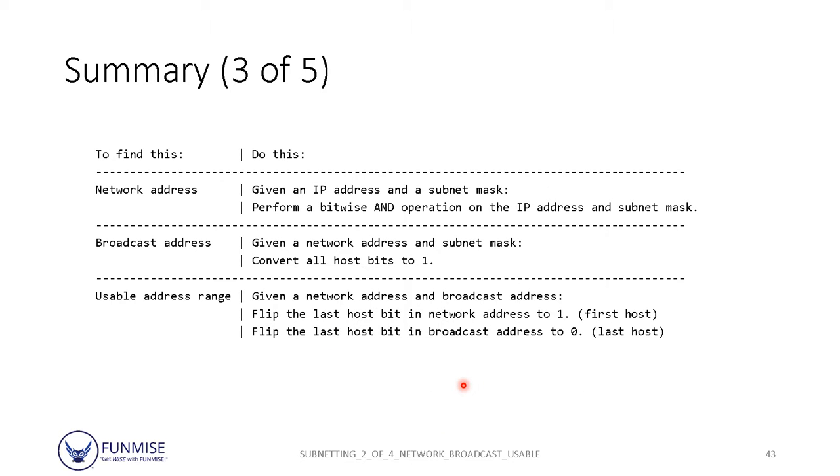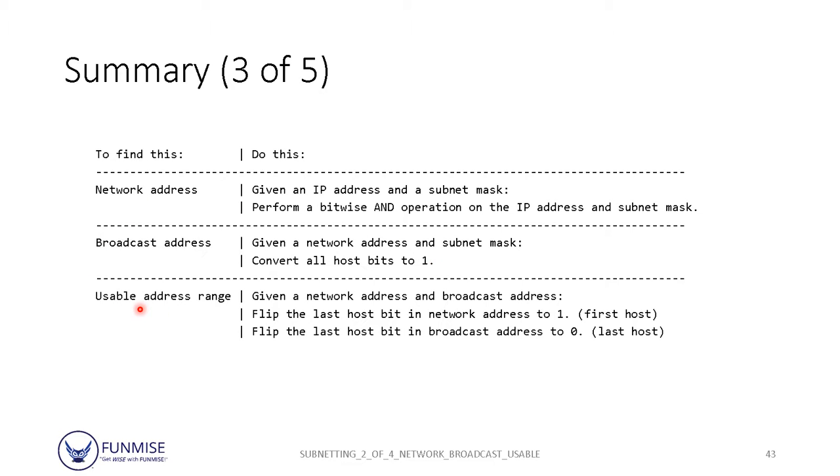Another summary table. This one's very useful. To find the network address, given an IP address and a subnet mask, you would perform a bitwise AND operation on the IP address and subnet mask. To find the broadcast address, given a network address and a subnet mask, you would convert all host bits to 1.